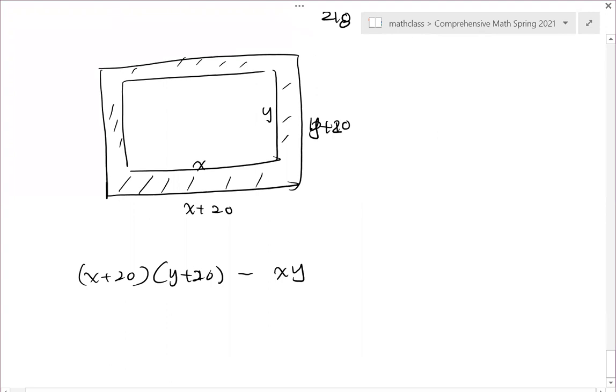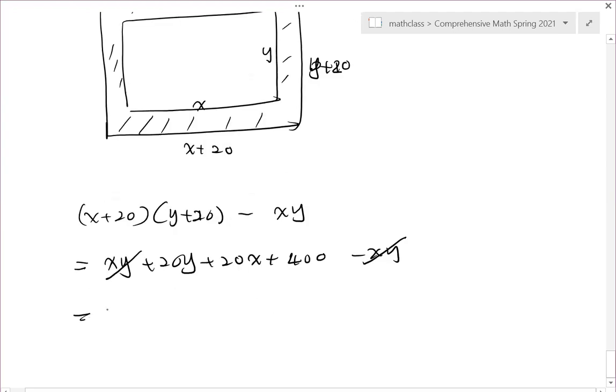So you end up with x times y, plus 20y plus 20x plus 400, minus x times y, and these two cancel out. Then you get the same result.